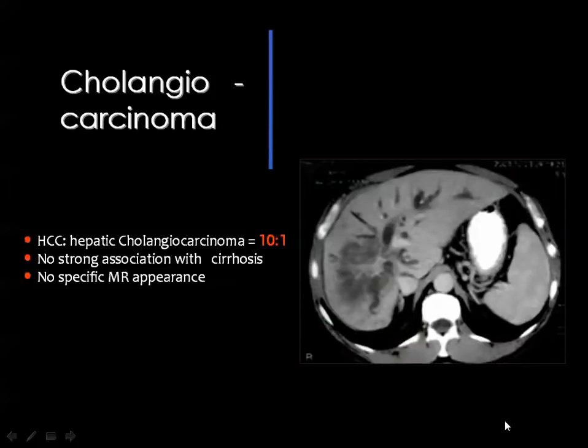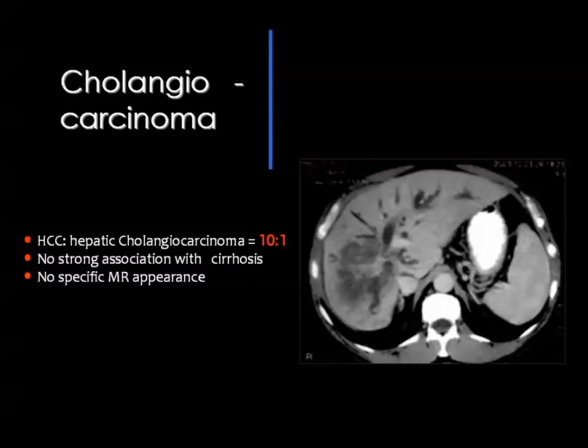Then we came to the cholangiocarcinoma, and you know, the ratio between hepatocellular carcinoma and the cholangiocarcinoma in the liver is about 10:1, meaning that it's not that common compared to hepatocellular carcinoma. The cholangiocarcinoma has no association with cirrhosis, and it has no specific CT or MRI appearances.